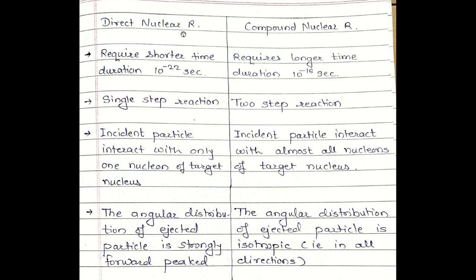In DNR, the incident particle interacts with only one nucleon of the target nucleus. But in CNR, the incident particle interacts with all nucleons of the target nucleus. Even I should not say almost all. It interacts with all the nucleons of the target nucleus, right?